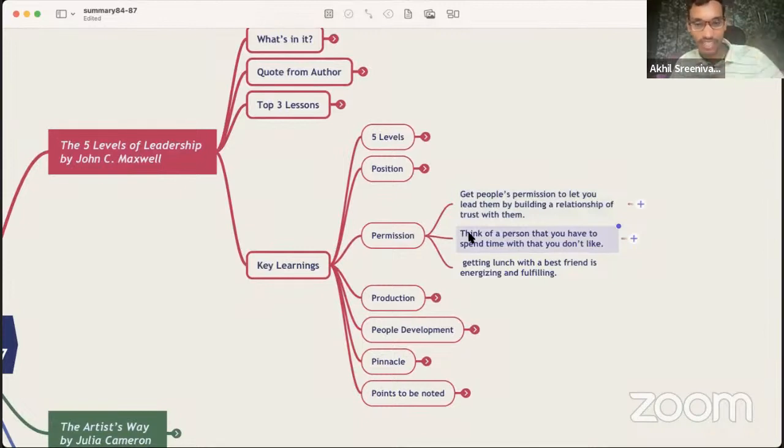Let us see 2 examples here. Think of a person you don't like at all, and you need to spend time with that person. How do you feel? You feel a little uncomfortable, right?